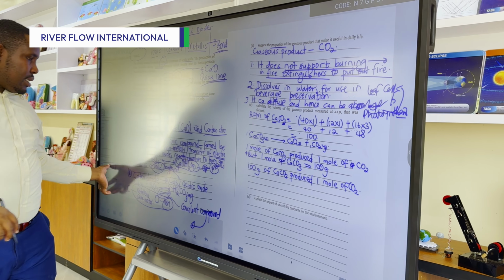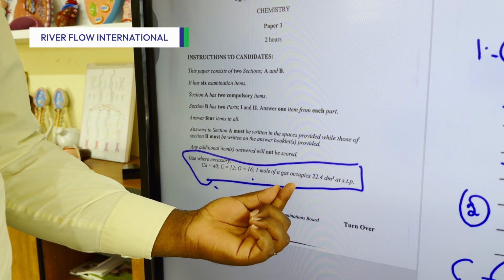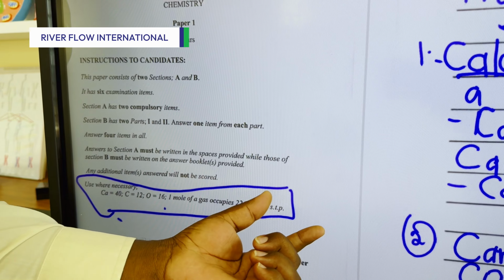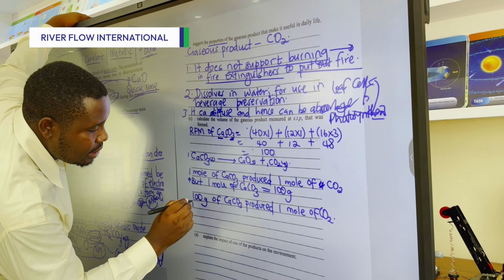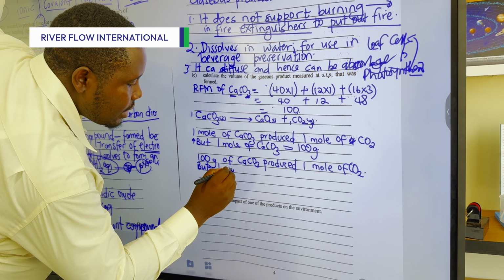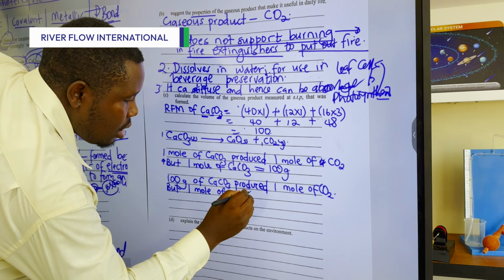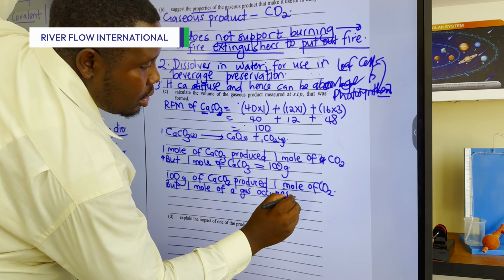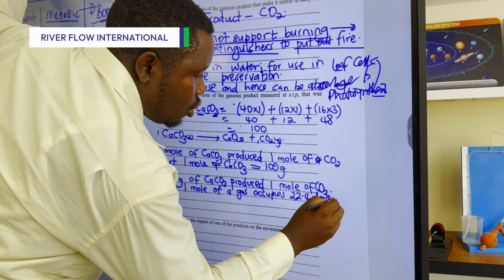But here they told us that 1 mole of a gas, which is the carbon dioxide, occupies 22.4 decimeters cubed at STP. So I'm going to come back and say, but 1 mole of a gas occupies 22.4 decimeters cubed.